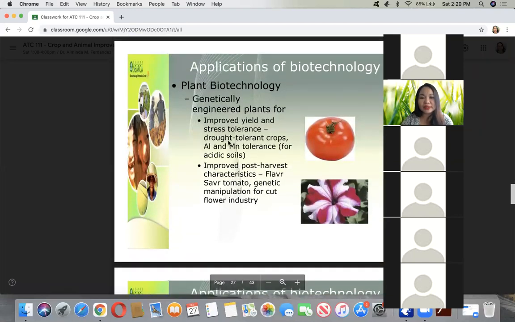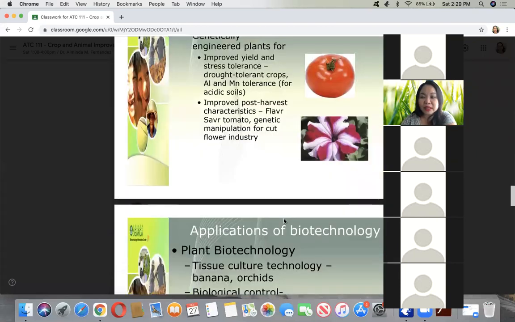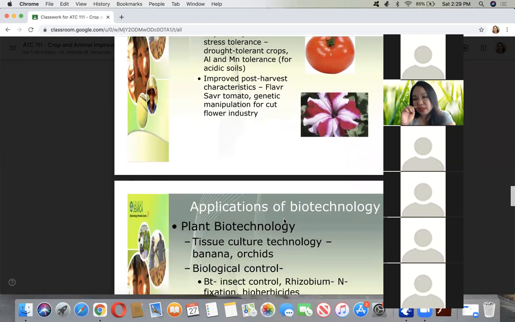And also stress tolerance, improved yield, drought-tolerant crops, aluminum and manganese tolerance for acidic soils, and improved post-harvest characteristics like the flowers of our tomato, and the genetic manipulation for the cauliflower industry. So right now, we are very amazed with a lot of very beautiful breeds of colorful flowers already.